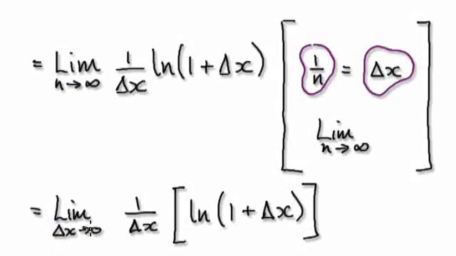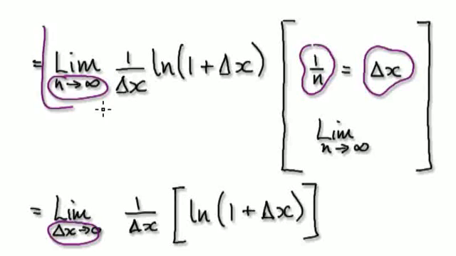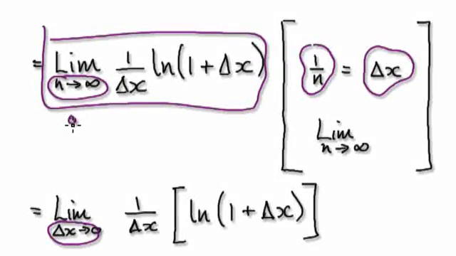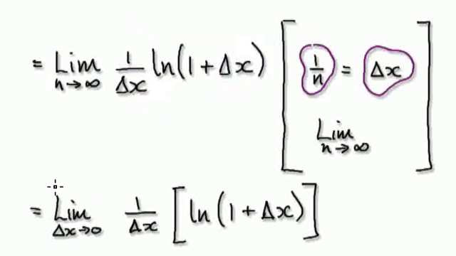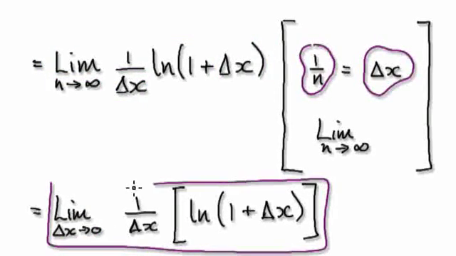You see, as delta x gets smaller and smaller, everything's consistent, because looking at this step, as n gets bigger and bigger, this thing gets smaller and smaller anyway. So you can actually say that delta x gets smaller and smaller. So you can rewrite the whole thing here as this.